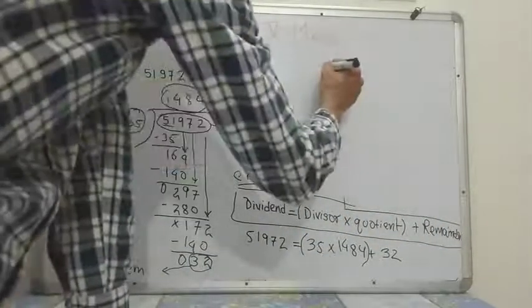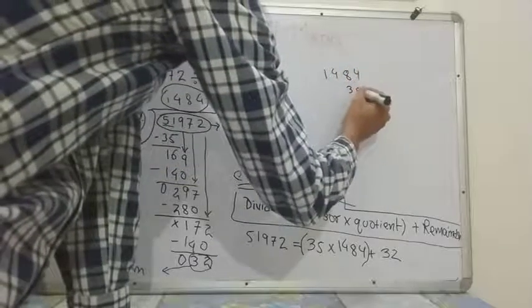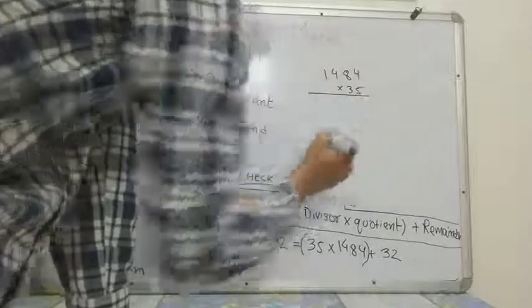So when we multiply 1484 by 35, you know how we can multiply.